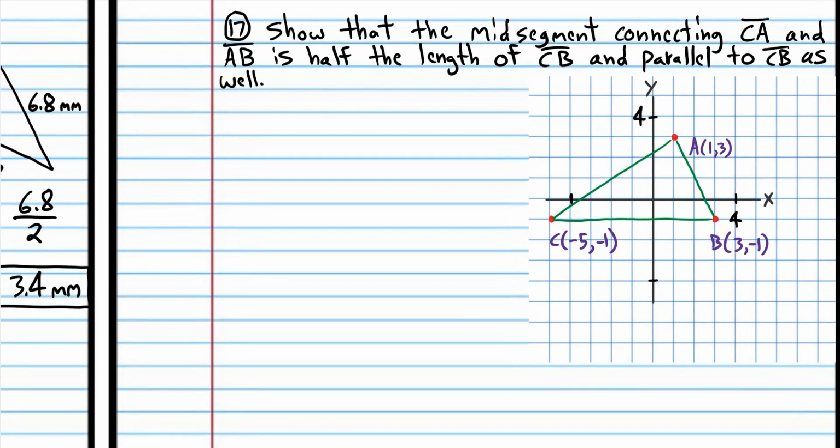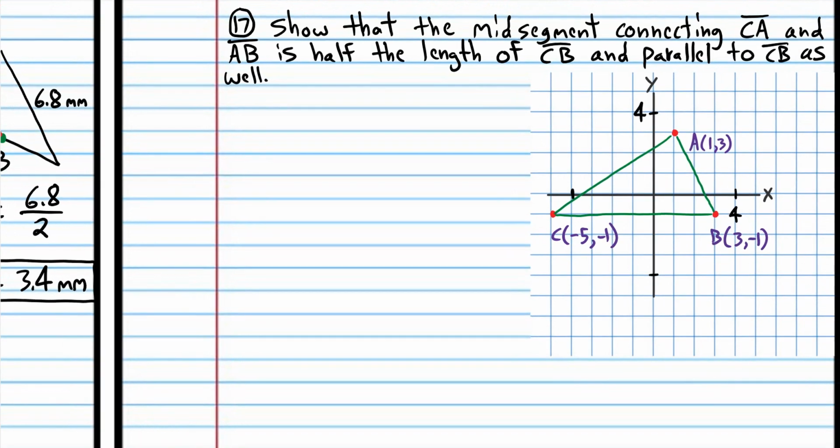So let's start with finding the length of the midsegment and the length of the non-included side. We can't find the length of the midsegment yet because we don't have any points on the midsegment.